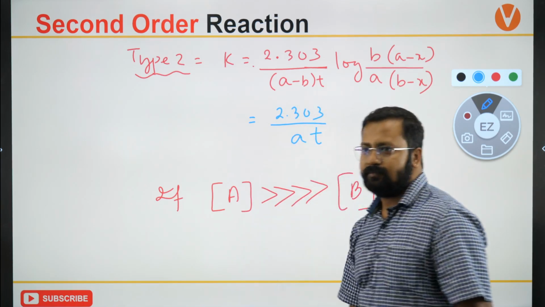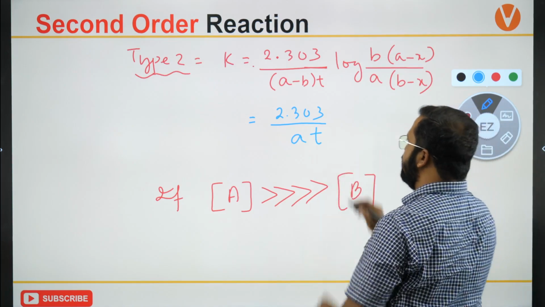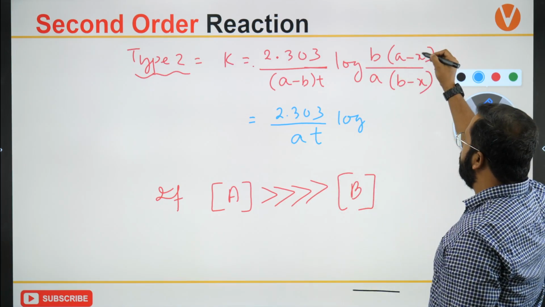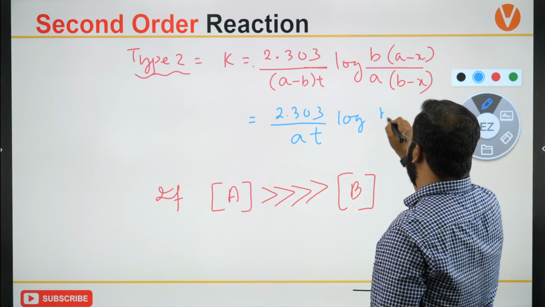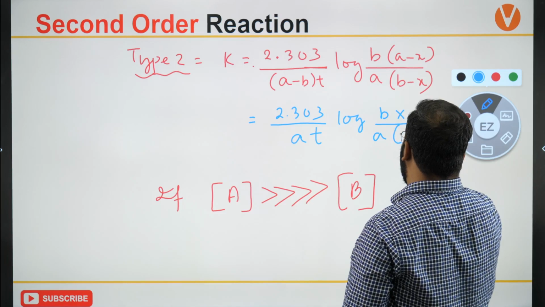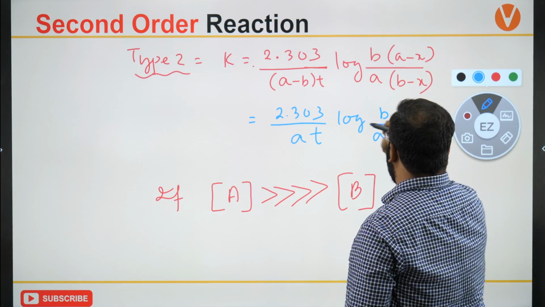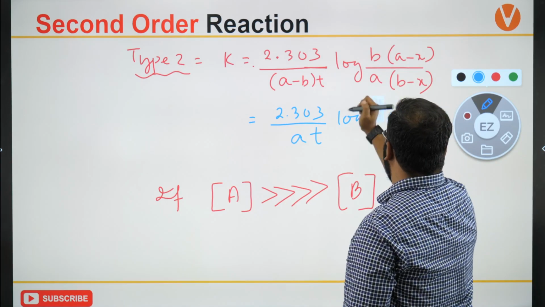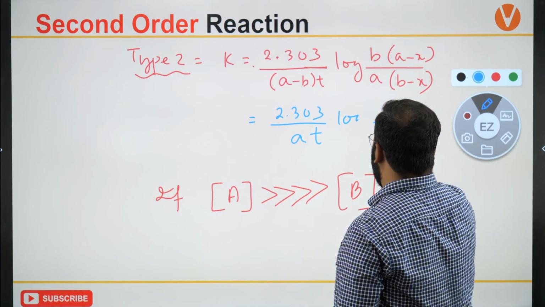This will become a minus x will be nearly equal to a. So b times a by a b minus x, this will get cancelled. And if I rewrite this, b by b minus x.